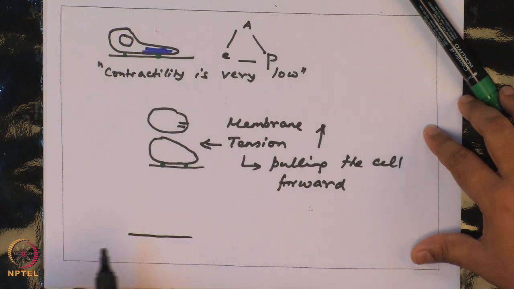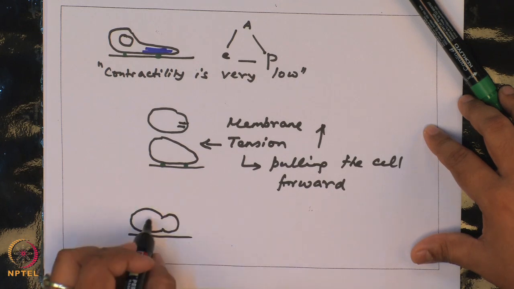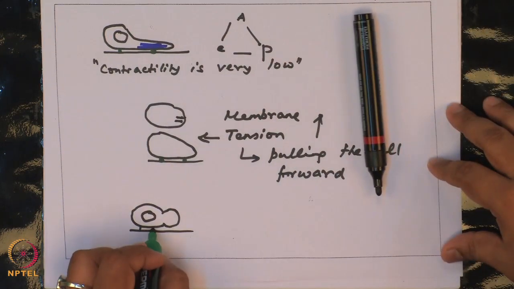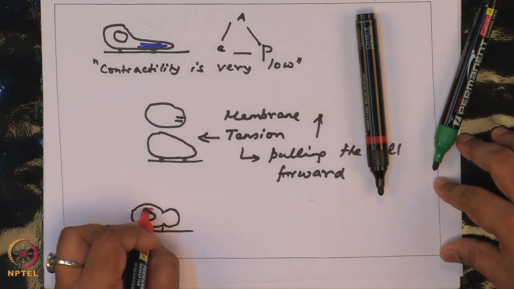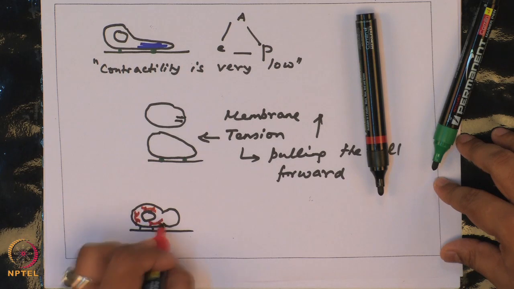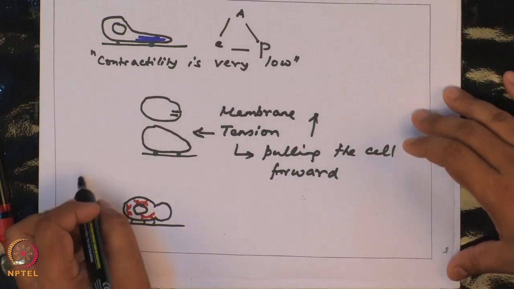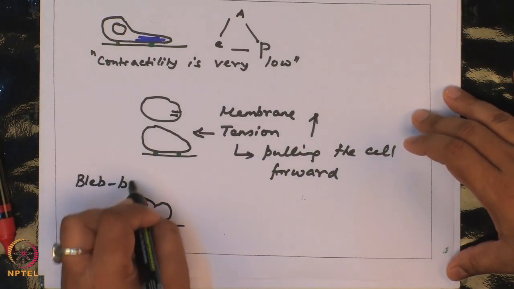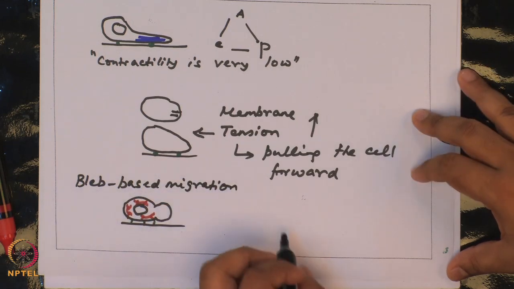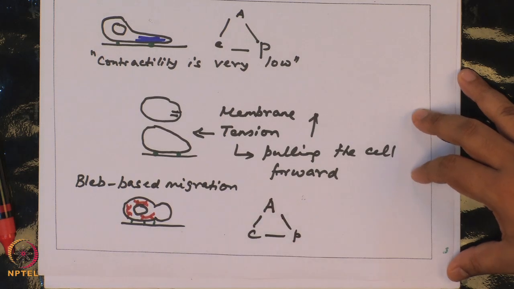Interestingly, for these cells there exists a third mode of migration. Nucleus. This is called bleb based migration, in which your protrusion is very small, adhesion is large and contractility is large.